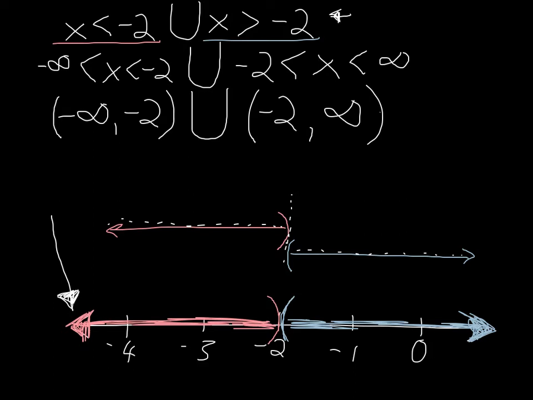So it takes a couple extra steps to get the union intersection in interval notation. There's no way to write this as a single interval notation because there are actually two intervals.